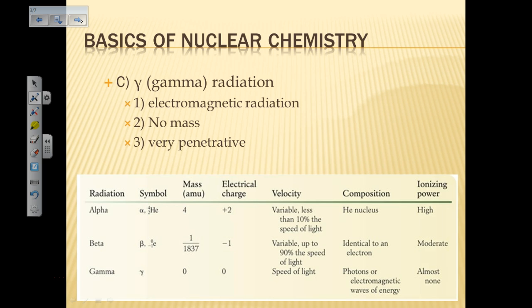When we talk about light, there are 7 areas on the electromagnetic spectrum, and gamma is one of them. It's very high energy. Gamma is the third letter of the Greek alphabet. When I write it, I kind of write it like an alpha facing down, and then there's nothing on this. So its symbol is going to look like that.